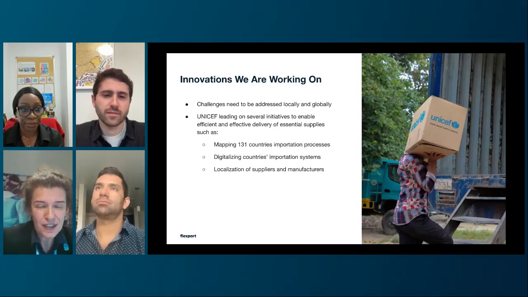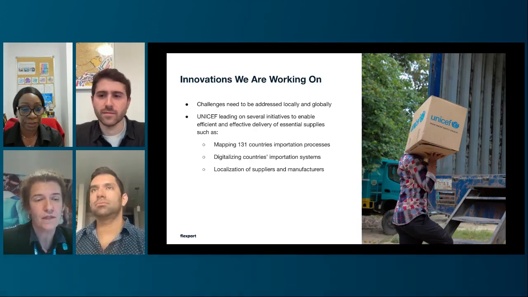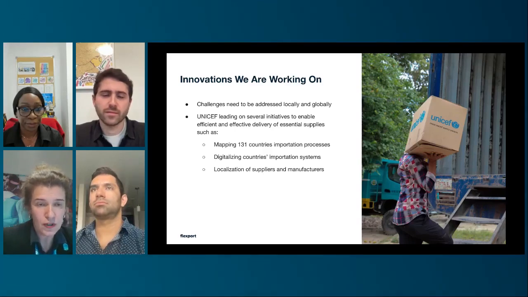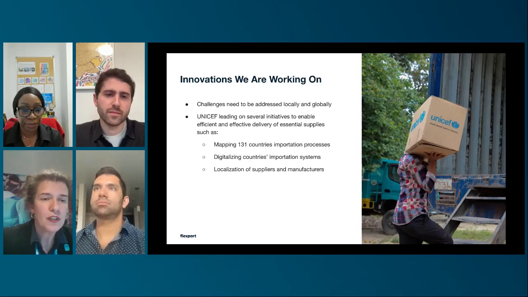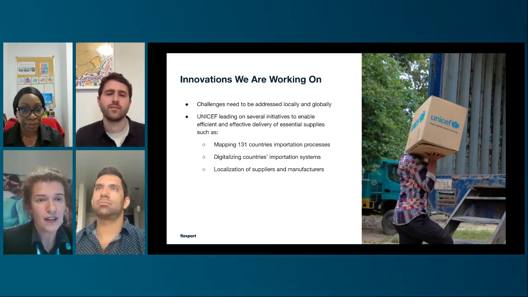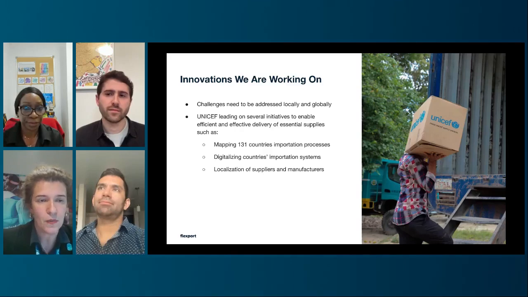So localization, as we call this specific agenda, is a very important agenda for us because it implies not only being able to source the goods locally and make sure that they are closer to where the needs are, but also making sure that the national supply chains that are required for us to move these goods from port to the child are efficient, effective, and that they are doing it in the best way possible.